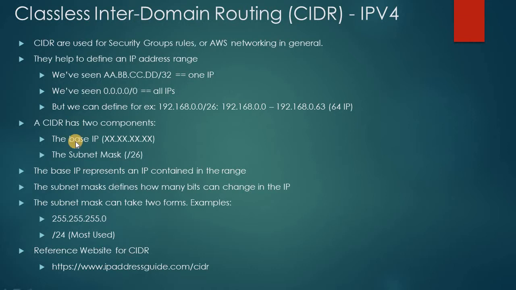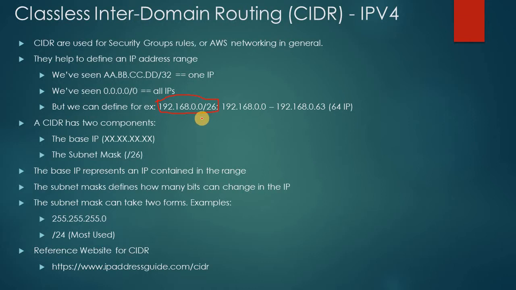So I told you guys, the CIDR block will be used for AWS networking. In AWS we can create a VPC, and in the VPC we can create a CIDR block. What is a CIDR block? A CIDR block is right here.